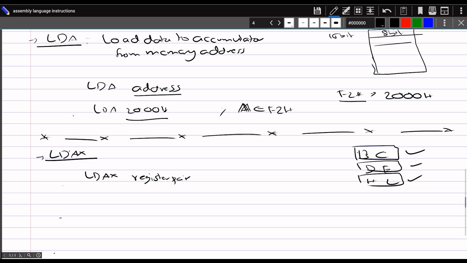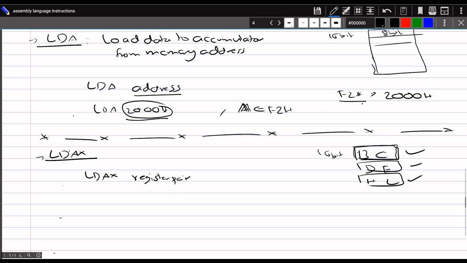Since each of these registers is 8-bit, if we use them in pairs, they make up a 16-bit storage. So in place of directly writing this 16-bit address in our instruction, in case of LDAX, we load our 16-bit address into the register pair and then we use LDAX to load the data from that particular address to our accumulator.